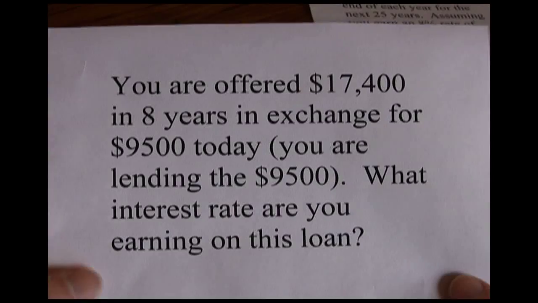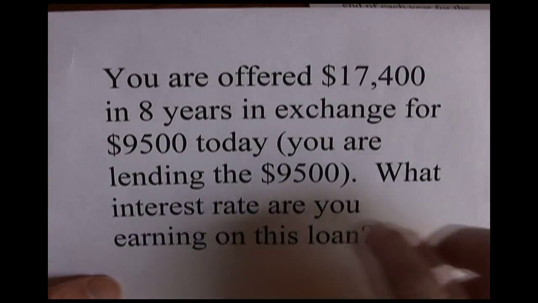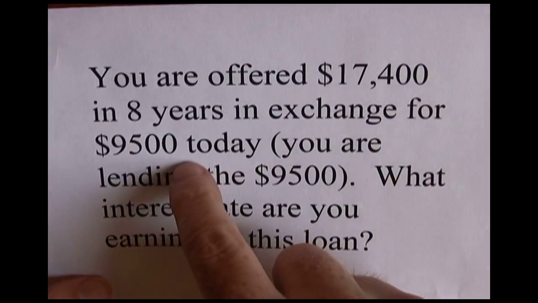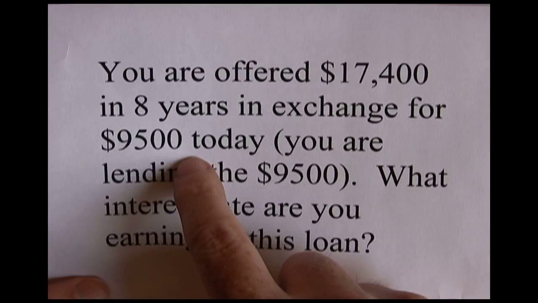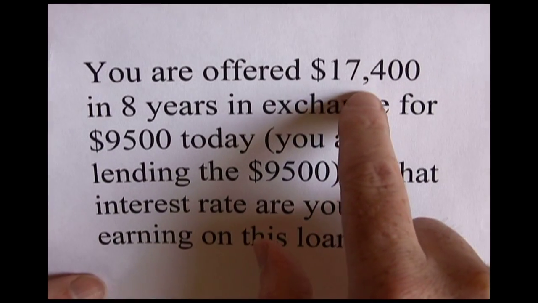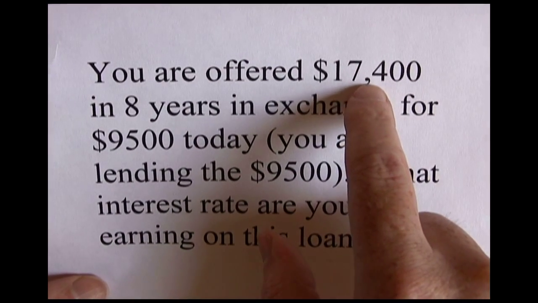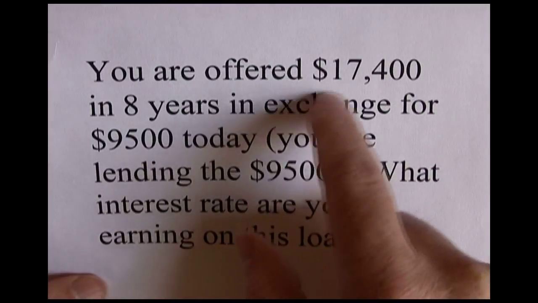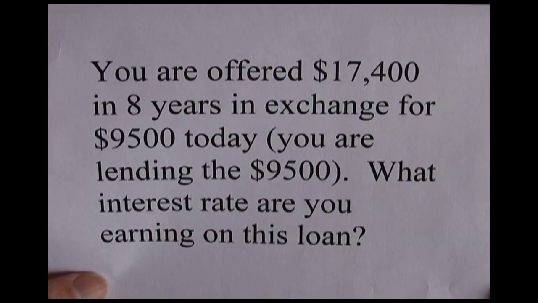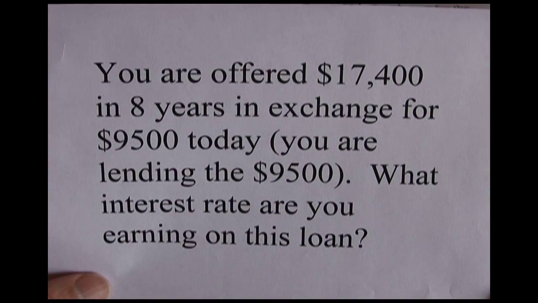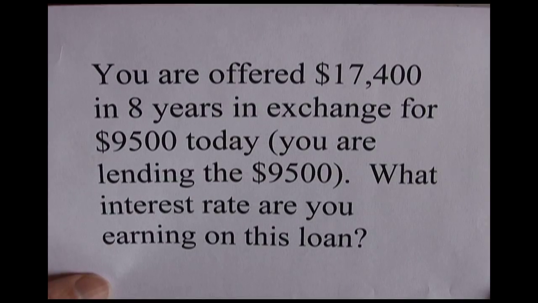Now, one thing to be careful of is if you plug these values into your calculator, $9,500 today as a present value, $17,400 as a future value, you're going to get an error when you solve for interest per year. That's because the way the calculator thinks, it wants to balance these things out.